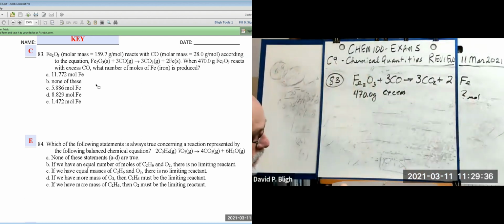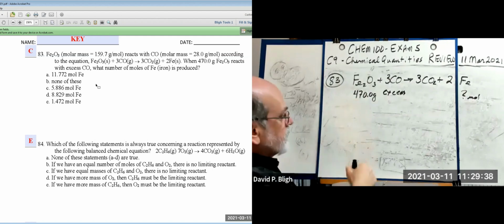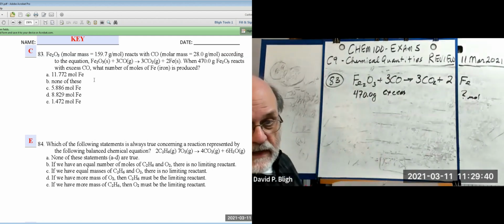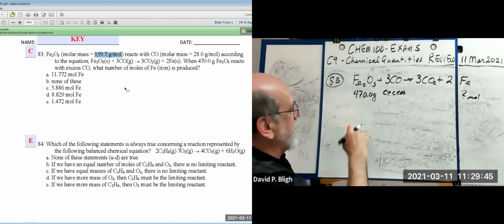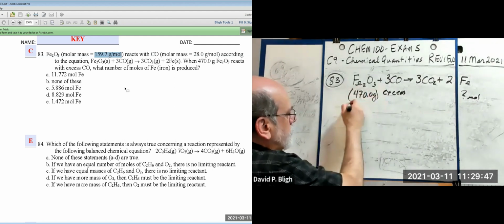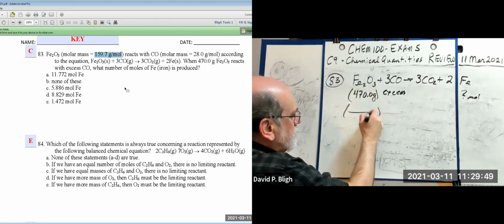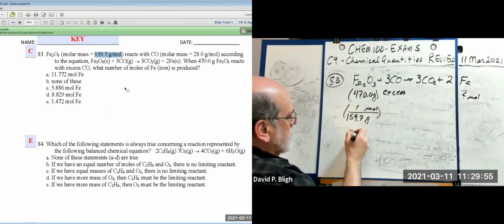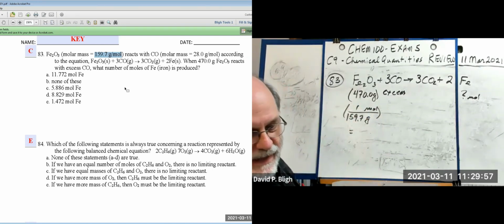All right, so really all we need to do is convert this using the given information here. 159.7 grams per mole. So divide 159.7 into 470. Uh, 2.943.